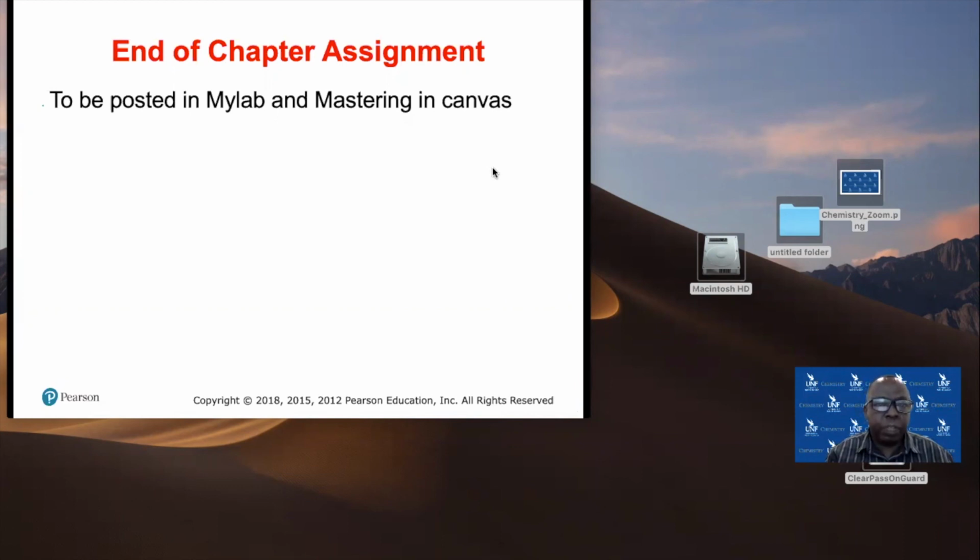I just want to shift gears to chapter 2. Please take note of the due date for the chapter 1 assignment. I extended the due date until Sunday, simply because we have not covered the factor label method and the significant figures. You can still go back and complete that. That marks the end of chapter 1.